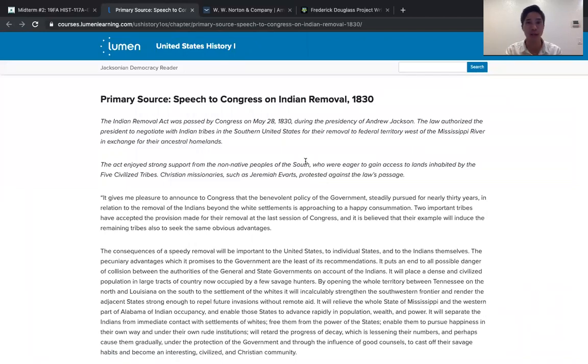That's really removal, right? So in this speech, I want you to read carefully how he explained removal of the Native Americans was beneficial both ways, for America and also for the Native Americans, if you will. So read this document very carefully as to how he makes that argument, why removal was the right decision.